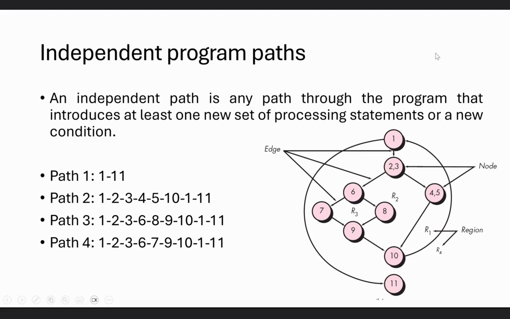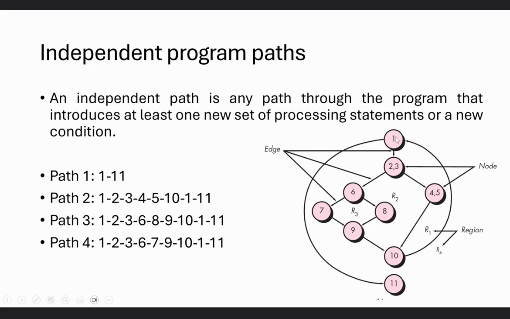After finding the complexity, we have to find the independent program paths. An independent path is a path through the program that introduces at least one new set of processing statements or a new condition. From the given flow graph notation, we are going to find the independent program paths. As per the cyclomatic complexity we calculated, there are 4 independent paths.